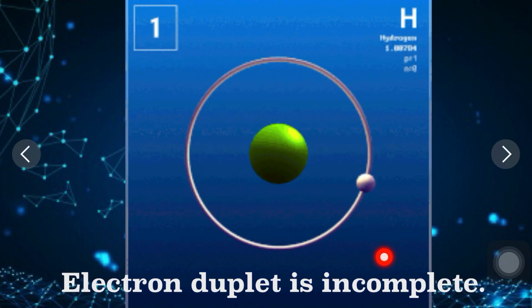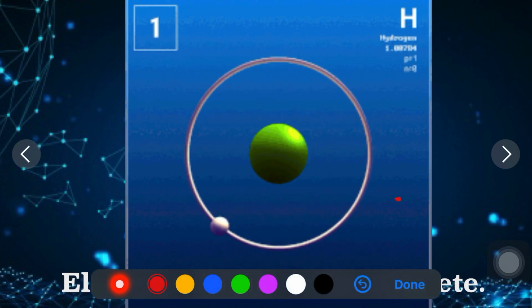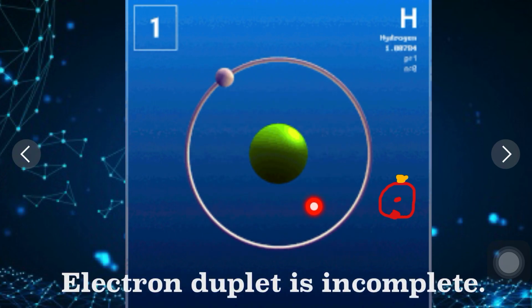Regarding hydrogen, it can be said that its electron duplet is incomplete. As you can see, only one electron is there in the outermost shell of hydrogen. Hydrogen requires one more electron to complete its shell. So it is incomplete. That is why it is not called an inert gas.